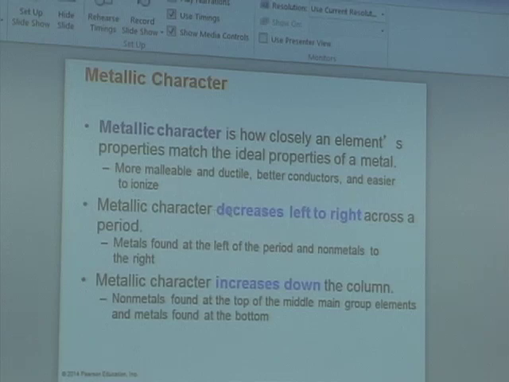Metallic character decreases from left to right, so when you write down metallic character, you want to put the arrow going from right to left. And then metallic character increases going down the column.